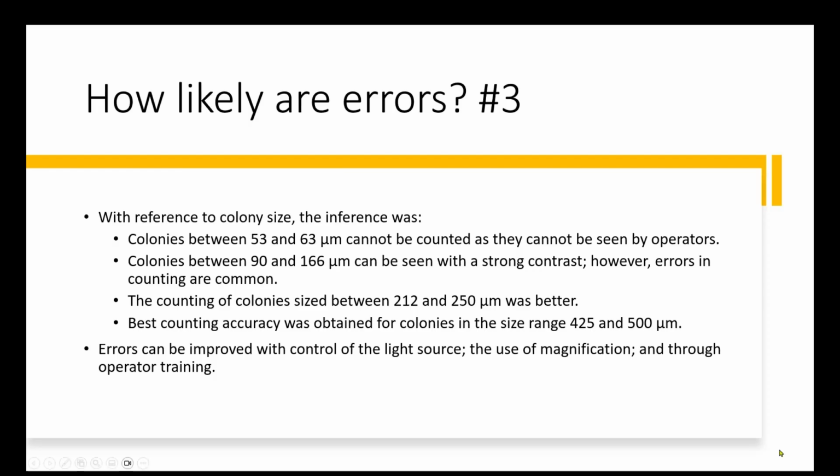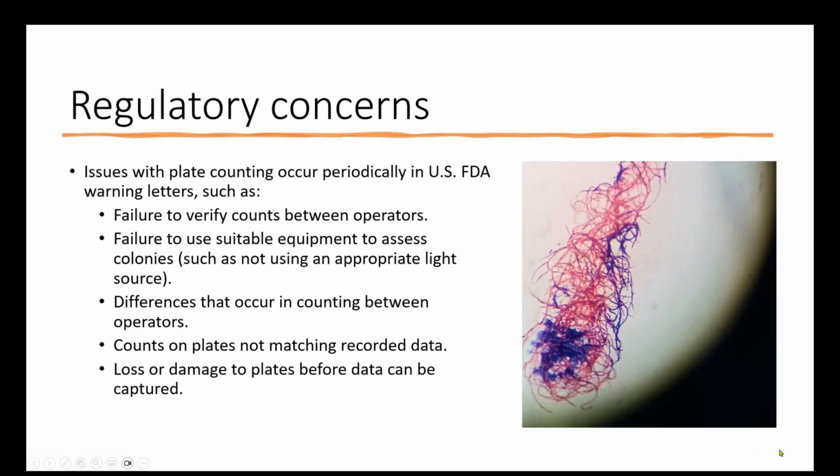And some of these issues that I've mentioned are borne out through regulatory concerns. Issues with plate counting have been raised by European inspectors, MHRA, and they also appear periodically in US FDA warning letters. We get greater clarity on that because the FDA openly publishes findings more than other agencies.